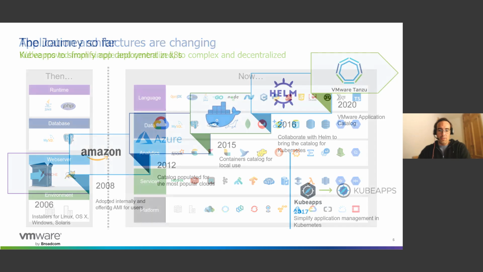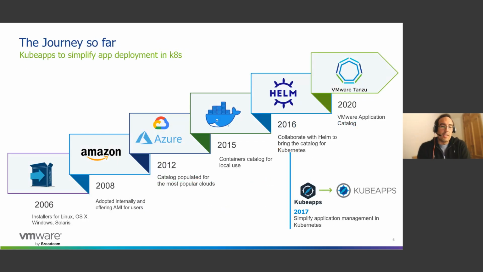So at some point in 2006, the awesome Bitnami team started to provide solutions to simplify working with open source software. From the initial installers, to populating the awesome Bitnami application catalog in the different marketplaces and in Docker Hub, and at some point in 2017, when they were dealing with the management of applications in Kubernetes, the first Kubeapps commit took place.